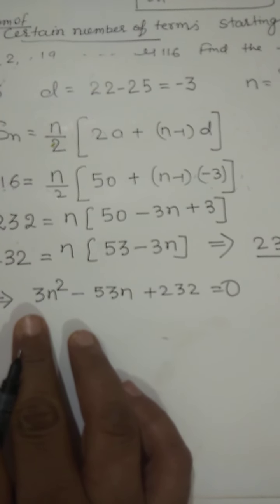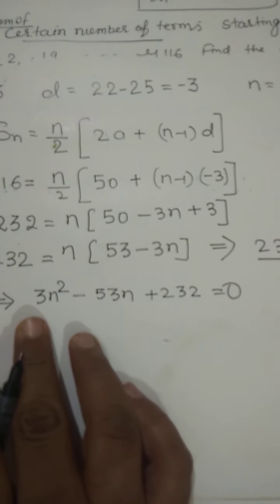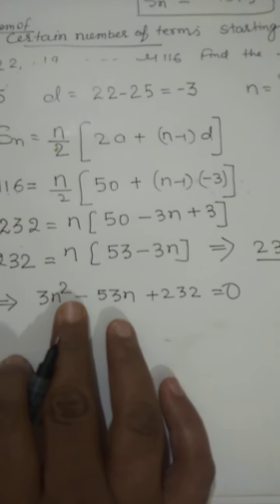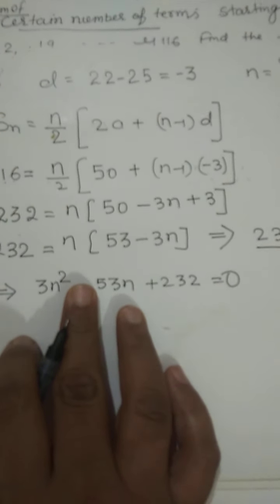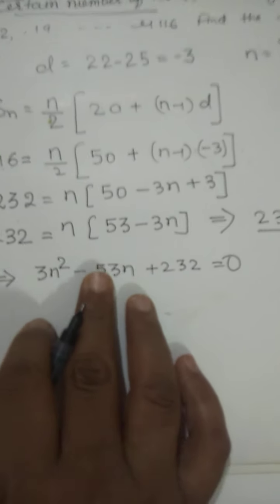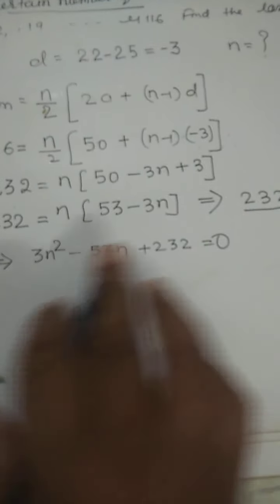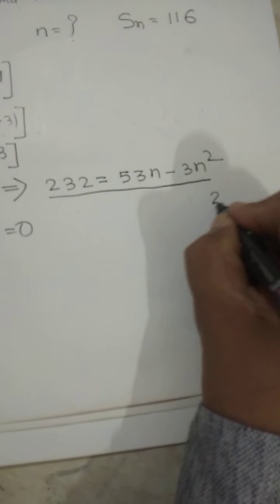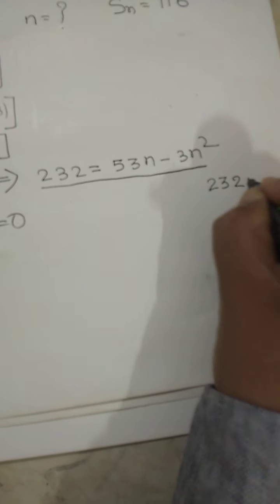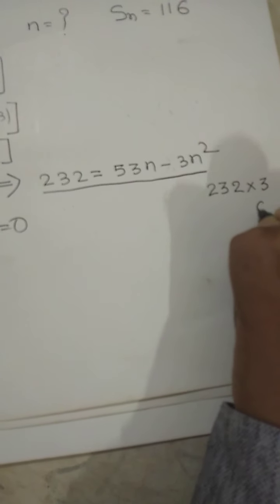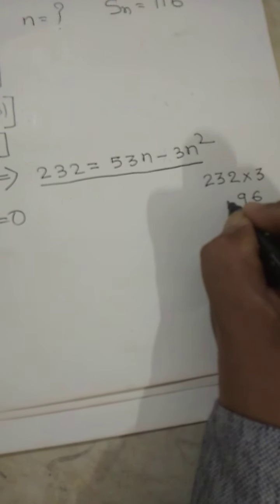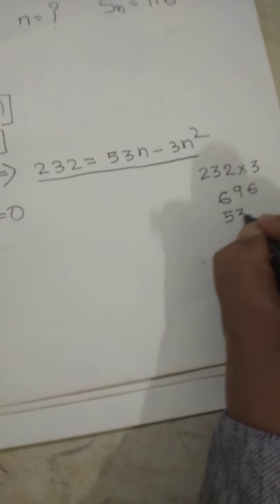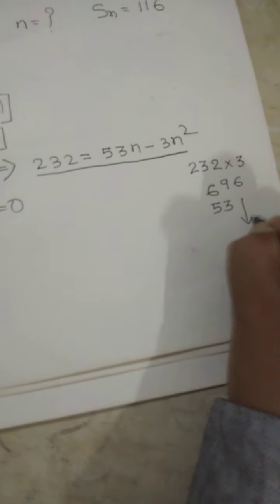We have to split 53 in such a manner that the product is 232 multiplied by 3, that is 696.